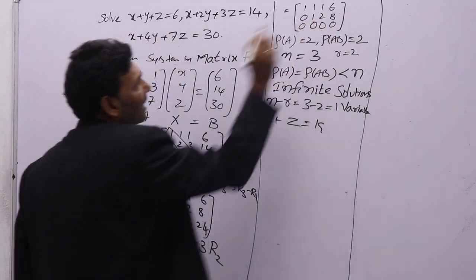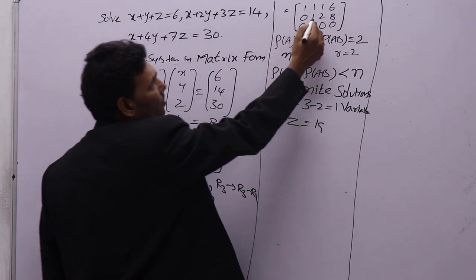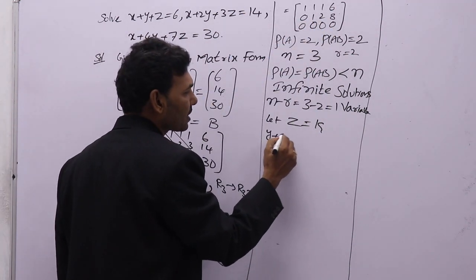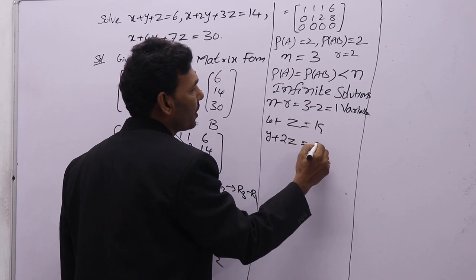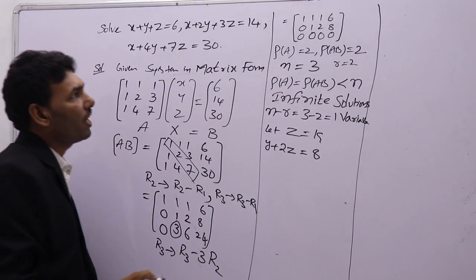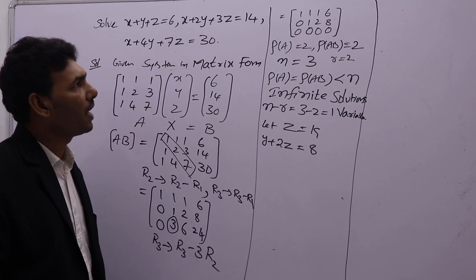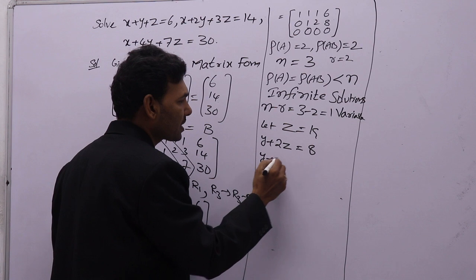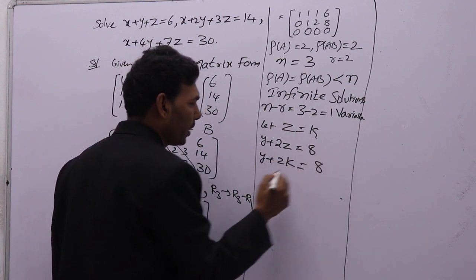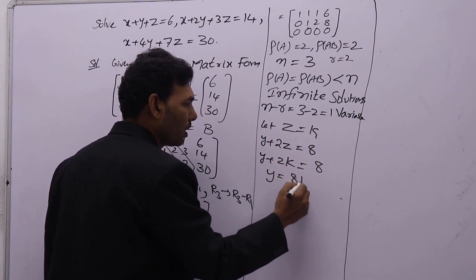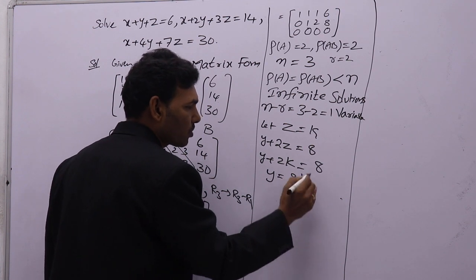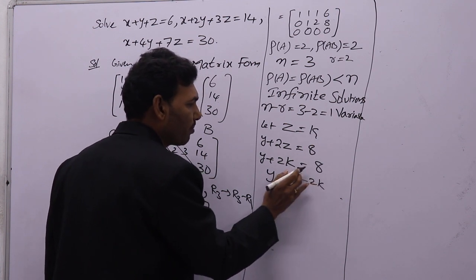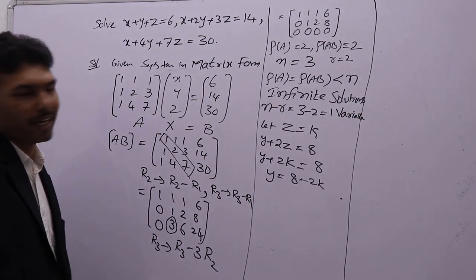Now write the second equation: y plus 2z equals 8. Now write k in place of z: y plus 2k equals 8. Sending 2k to the other side, it becomes minus 2k, so y equals 8 minus 2k.